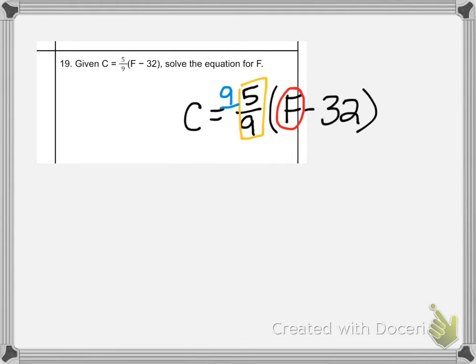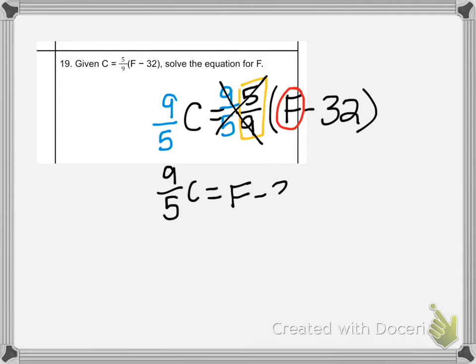So if I have 5 over 9, I'm going to multiply by 9 over 5. The purpose of doing that is that's going to cancel my 9's in the numerator and denominator and my 5 in the numerator and denominator. And I have C equals 9 over 5 times f minus 32.